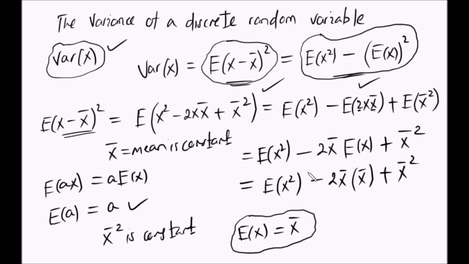So hii itakuwaje? Hii hatimaye itakuwa hivi. Let me start on a fresh page. So hatimaye itakuwa like huyu x squared minus, so 2 x bar times x bar unapata x bar squared plus x bar squared. So hii itakuwaje?